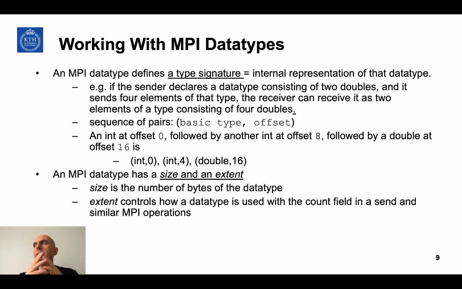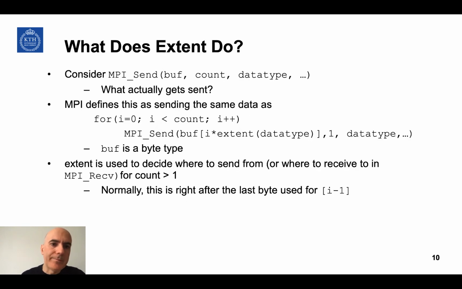So it's strongly related to where MPI send and receive actually start the communication, where to find the data in an MPI send and receive. So what does the extent do? Consider the MPI send with the buffer that we provide, the number of elements that we send, and then the data type.